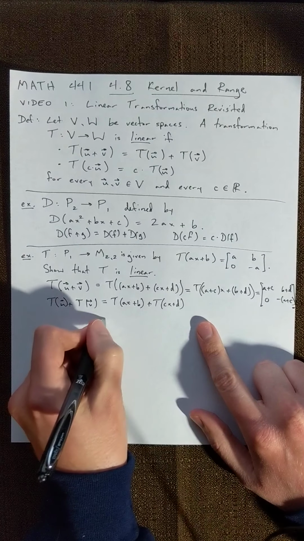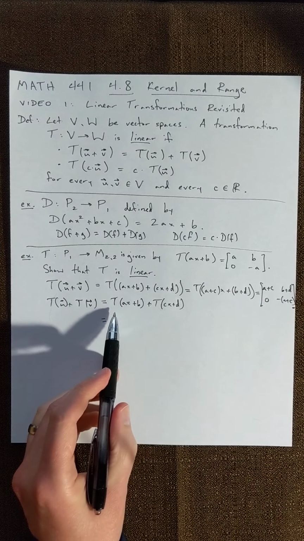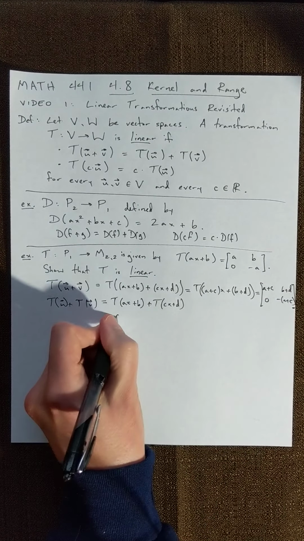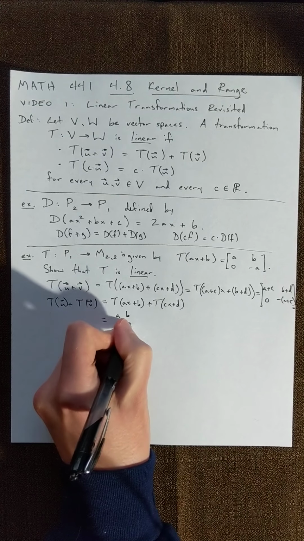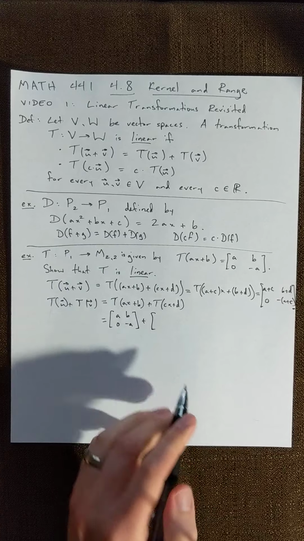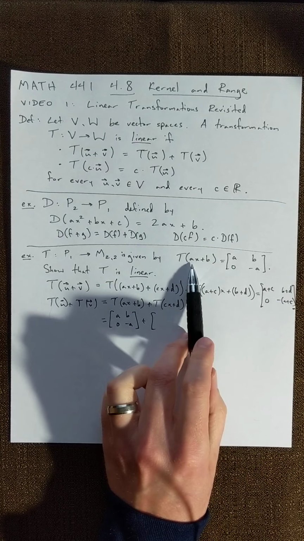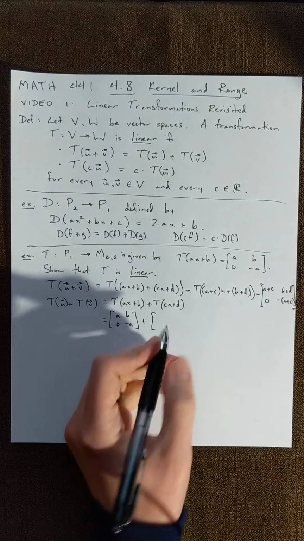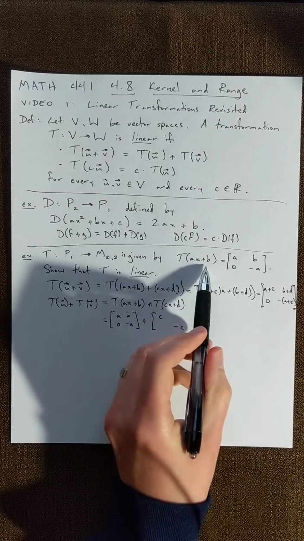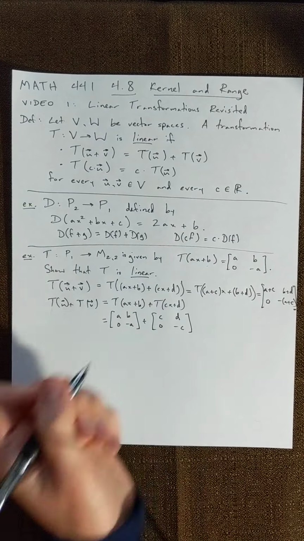Okay, let's work downward so we have a little bit more room. Over here, if we take T of ax plus b, that's exactly this matrix, [a, b; 0, -a]. T of cx plus d, c is playing the role that a was previously holding, so the coefficient of x would go in the top left and negative in the bottom right. The constant d would end up being in the top right corner, and then a 0 in the bottom left.